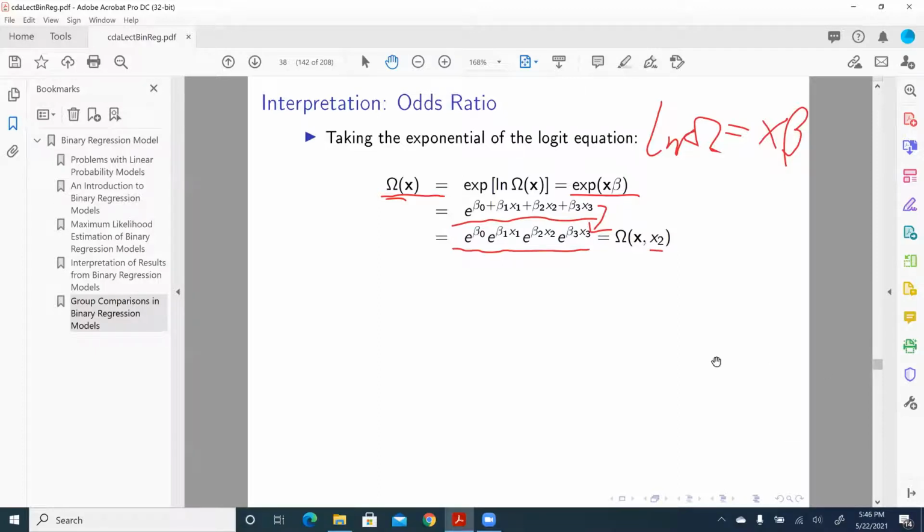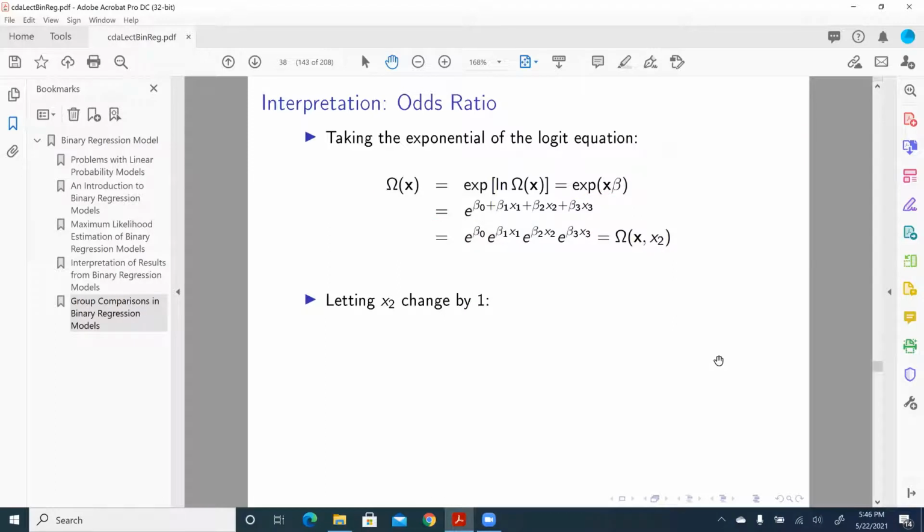So what I'm going to do is increase x2 by 1 unit. Okay, fair enough? Increase x2 by 1 unit. So if I increase x2 by 1 unit, this term is going to become that term, right? I simply increase x2 by 1 unit.